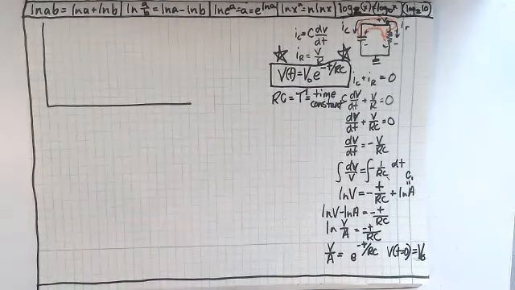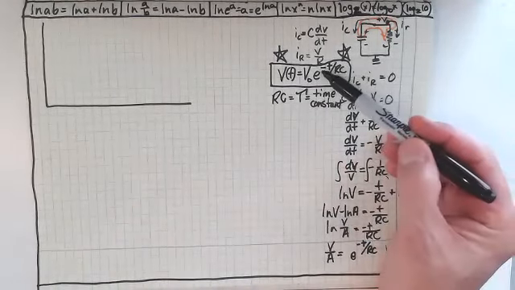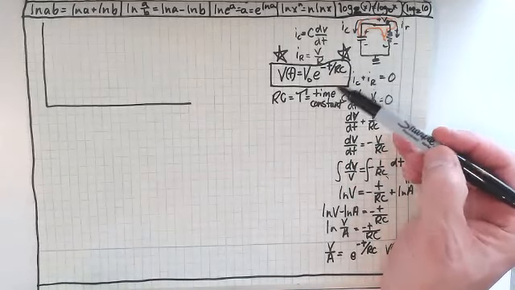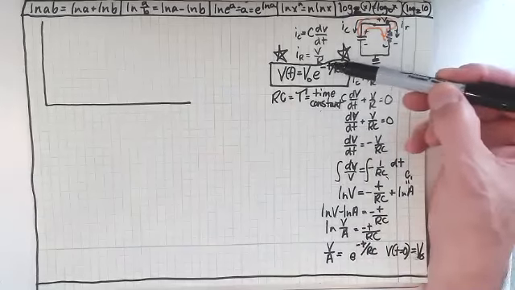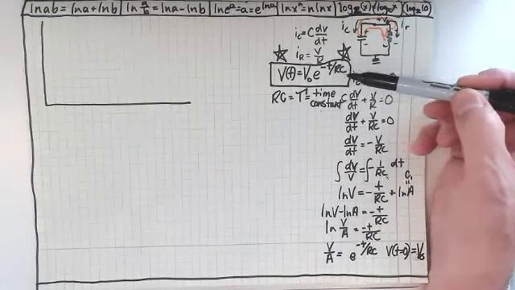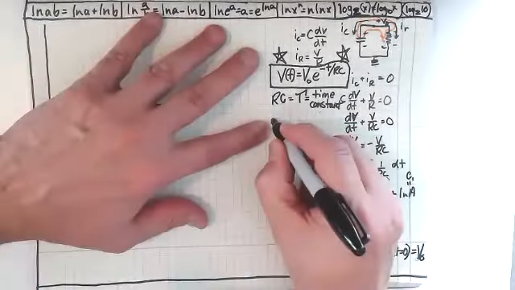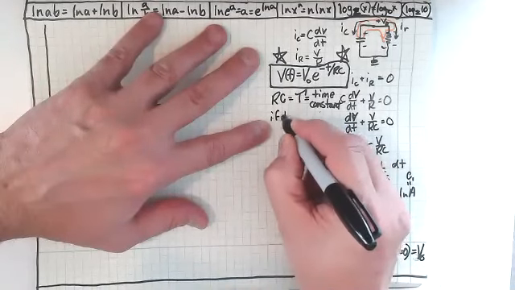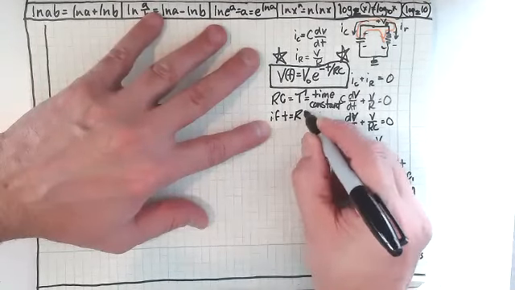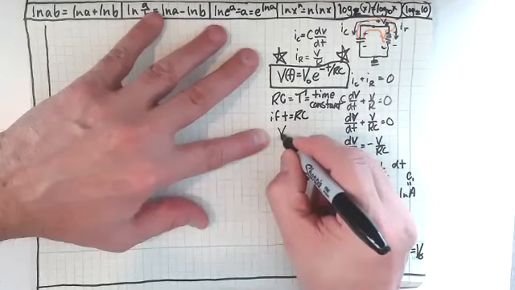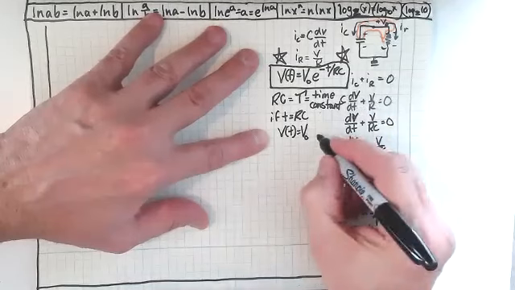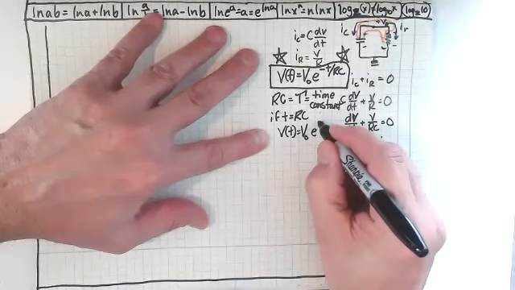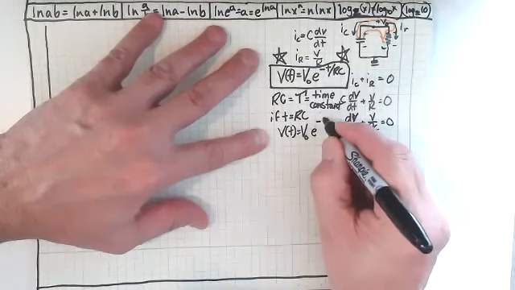When we're looking at this equation, you can see that I've got minus t over RC, and RC is the time constant. So if t equals RC, then V of t is equal to the original voltage times e to the minus 1, right?